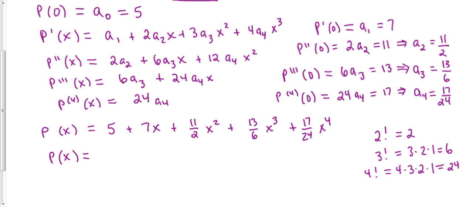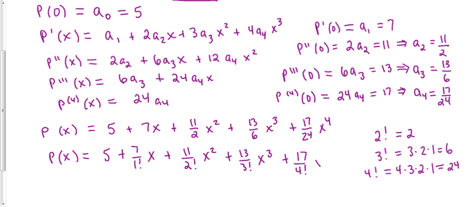So p of x is going to be 5 plus 7 over 1 factorial times x to the 1 plus 11 over 2 factorial times x squared plus 13 over 3 factorial times x cubed plus 17 over 4 factorial times x to the 4th.